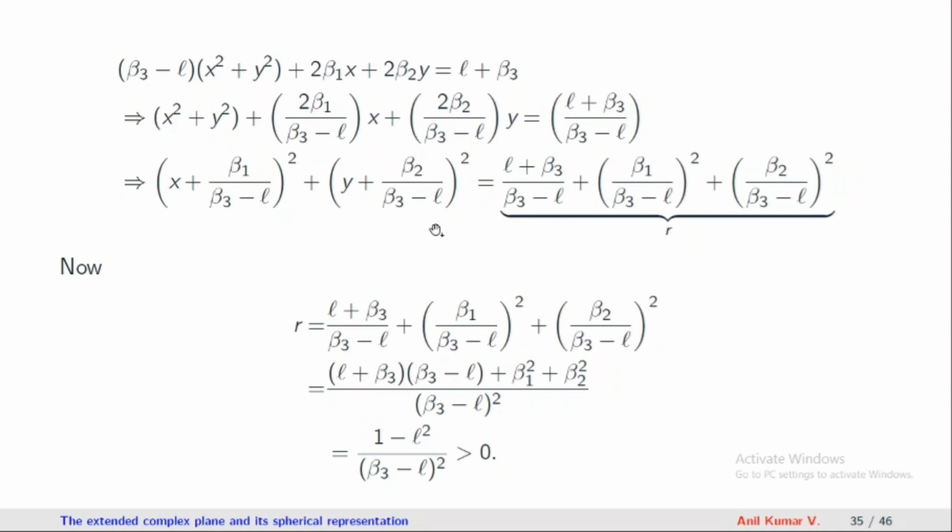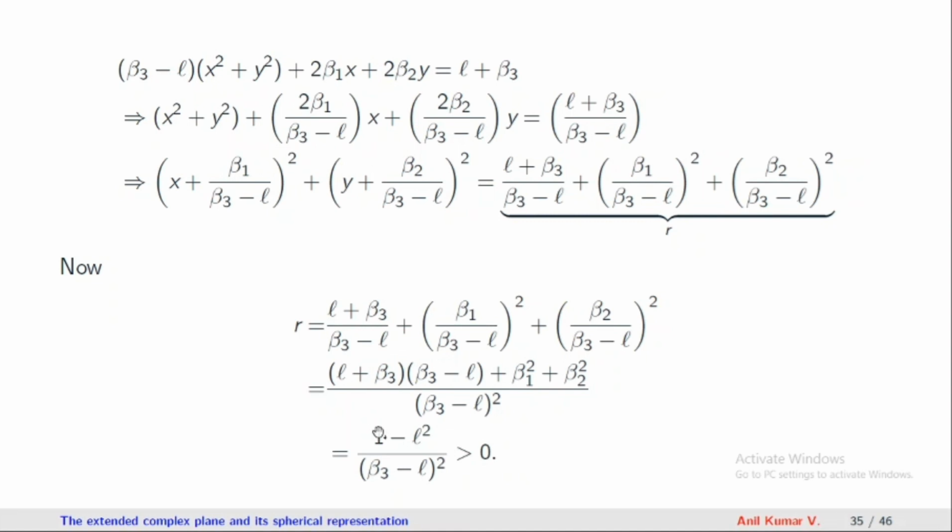and this equation can be written as (x plus beta 1 divided by beta 3 minus L) the whole squared plus (y plus beta 2 divided by beta 3 minus L) the whole squared is equal to this. Take this as R, and this equation represents a circle if R is positive. So we can compute the value of R. On simplification, we obtain R is equal to (1 minus L square) divided by (beta 3 minus L) the whole square.